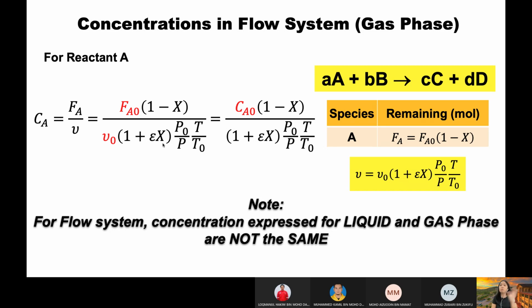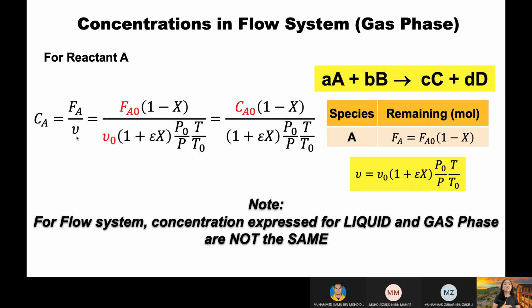Okay, let me explain one more time. Now I want to find the concentration of A, but this is gas phase. Again, earlier I expressed for liquid, now I express for gas. So the first step is still the same, because the outlet concentration of A equals the outlet molar flow rate of A divided by the outlet volumetric flow rate.